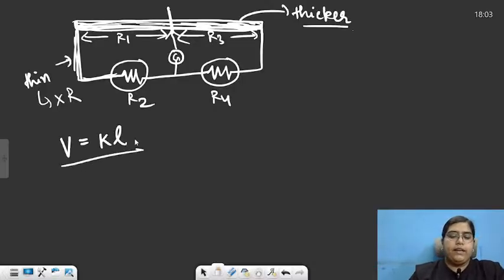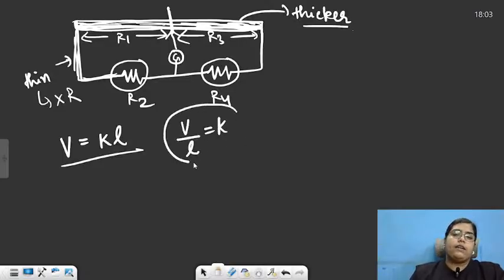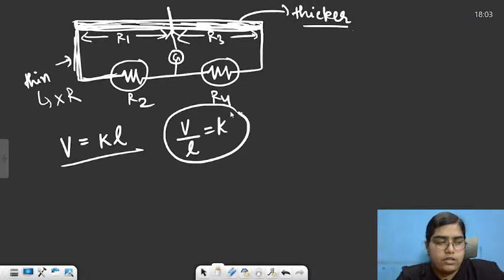I'm just explaining it in short so we have a good amount of time to practice questions. Potential gradient is potential per unit length, and it is a constant across a potentiometer wire. This constant K is called the sensitivity of the potentiometer.